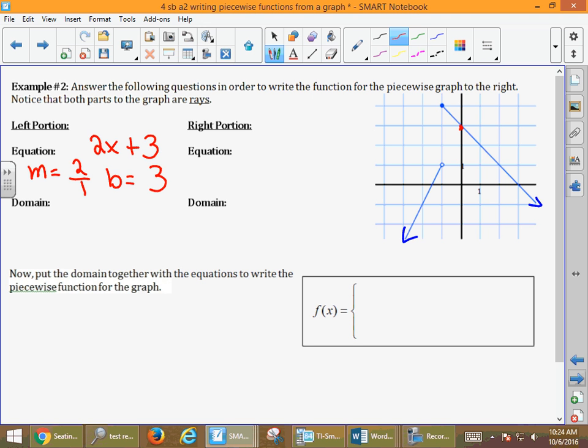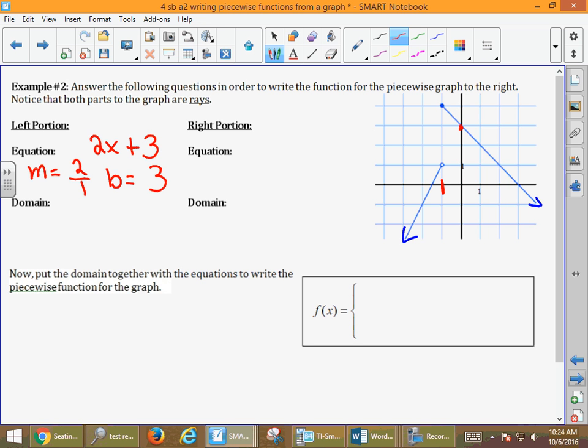Now, since we're talking about the left portion of the graph, let's also look at our domain here. And remember, we're going to start here at -1. And then our graph is always to the left of that. And it's going to continue on forever.